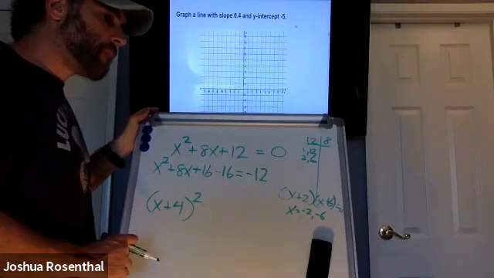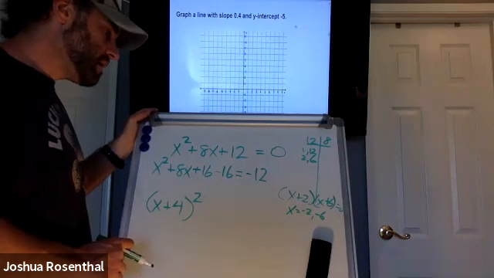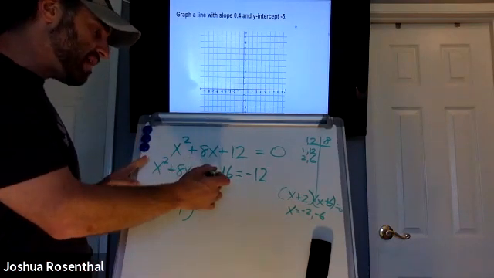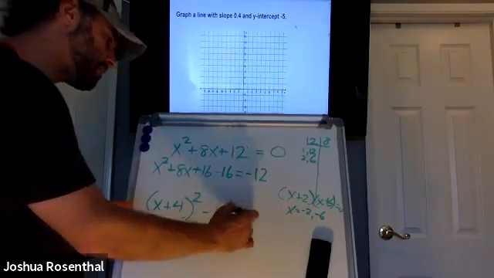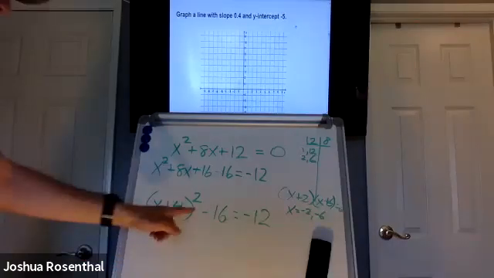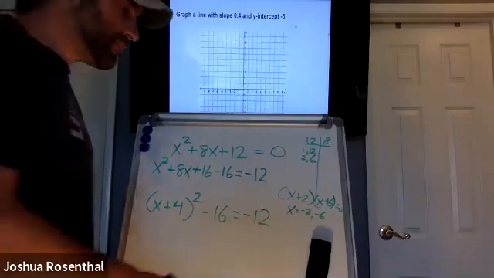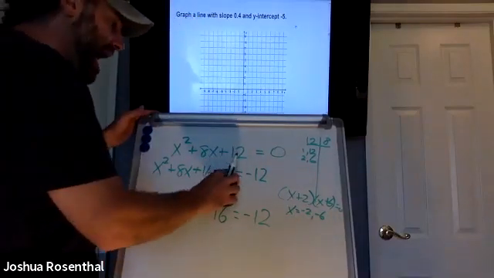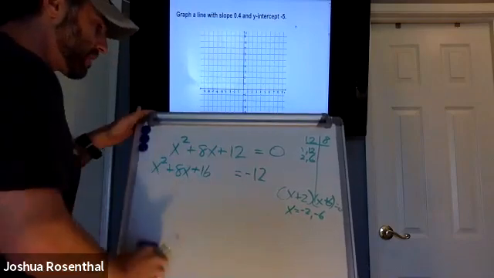It would be 0, so I'm adding 0 as an identity, and that's okay. Then I could factor just these and leave the minus 16. But then I would be adding 16 anyway, so it would have been easier just to add 16 to both sides.